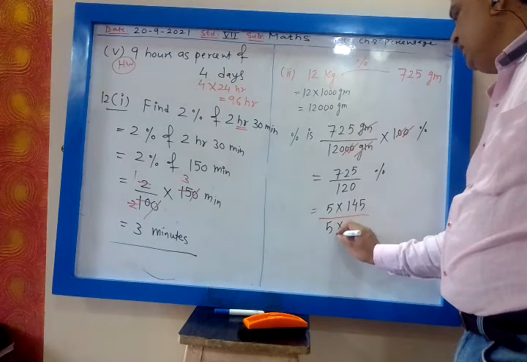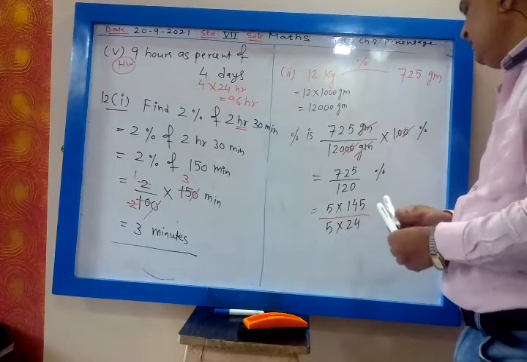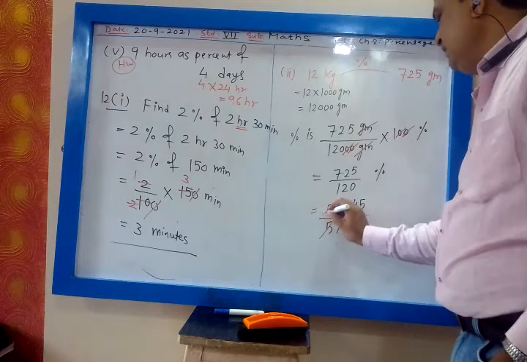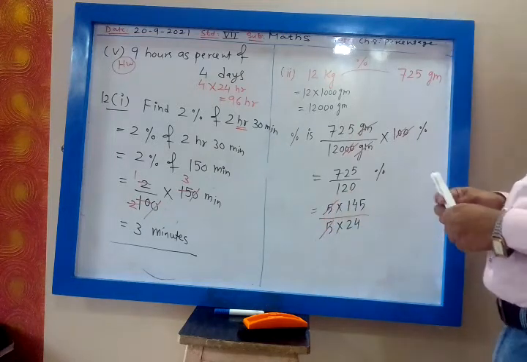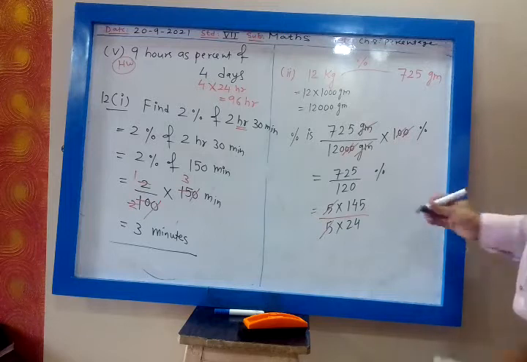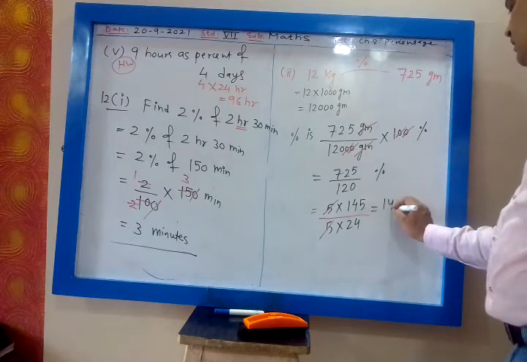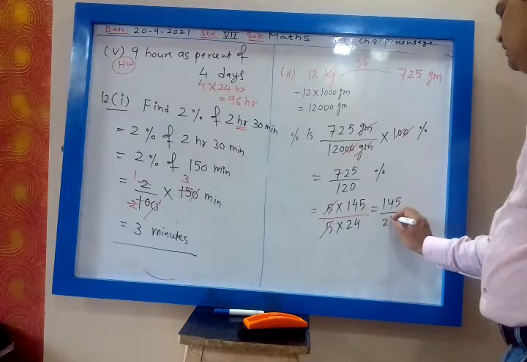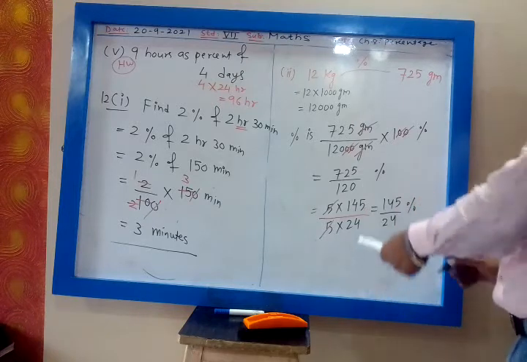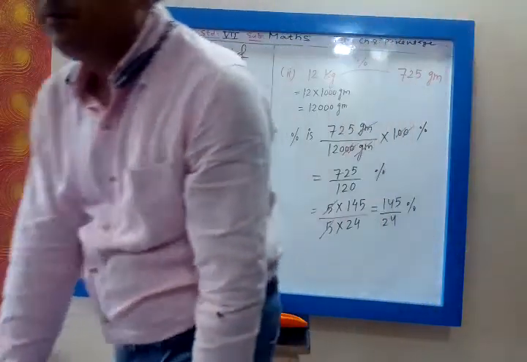Then 5 into 24. 5 5 gets cancelled. 145 upon 24. Now nothing gets cancelled. 145 upon 24%. You can convert them into mixed fraction. Yes, divide.